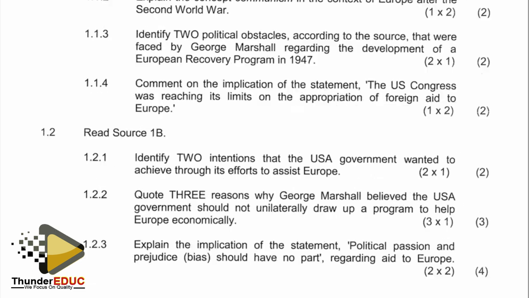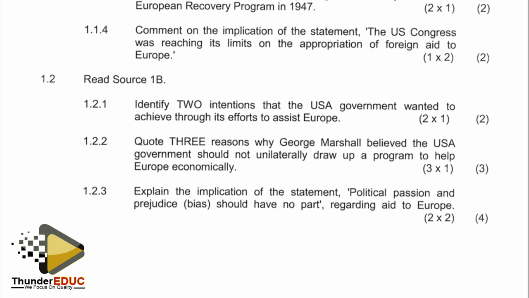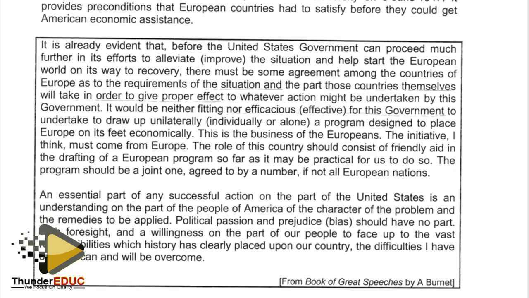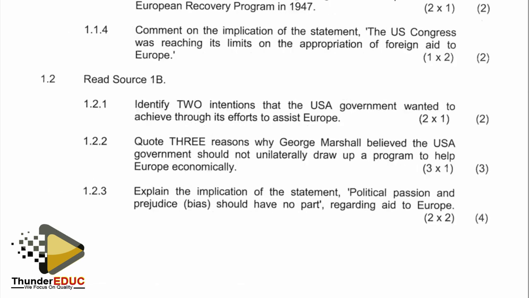So we go to our questions. Identify two intentions that the USA government wanted to achieve through its efforts to assist Europe. What was the main intention of the government of the US as they were assisting Europe?